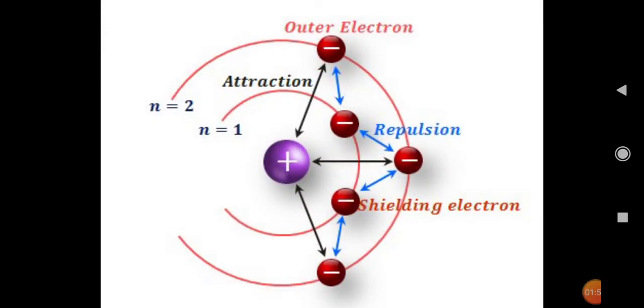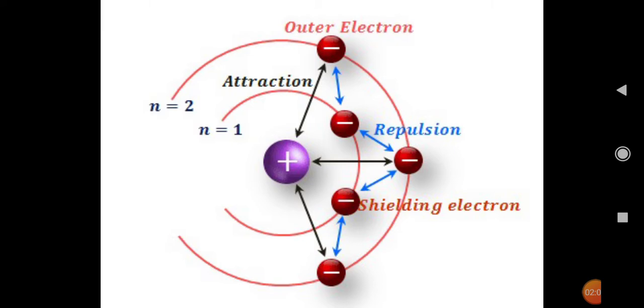Coming to the main part of this chapter, the first concept is the shielding effect or screening effect. What happens is that in an atom, the valence electron cannot feel the full effect of the nuclear charge.